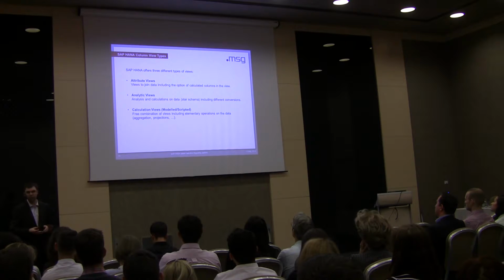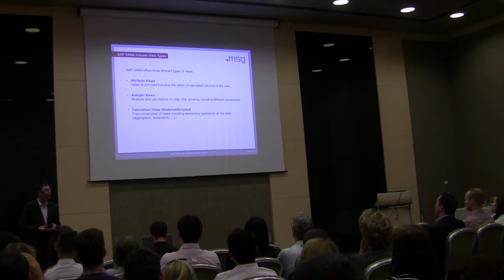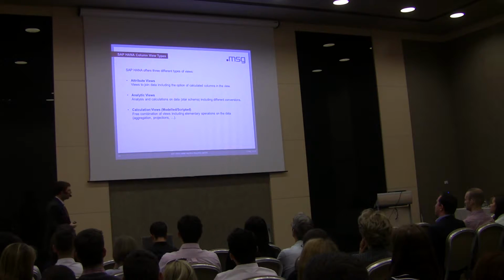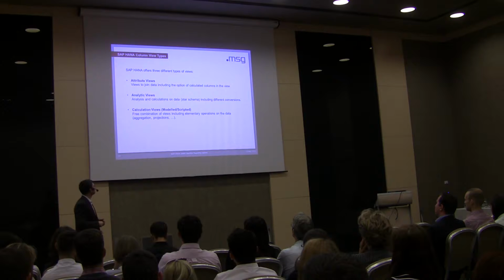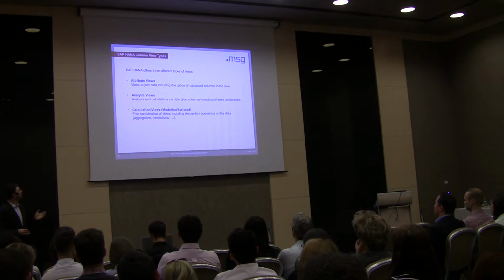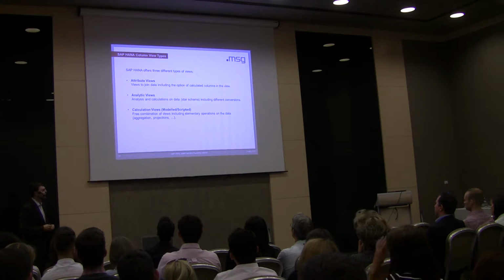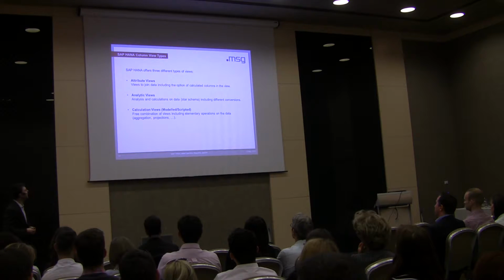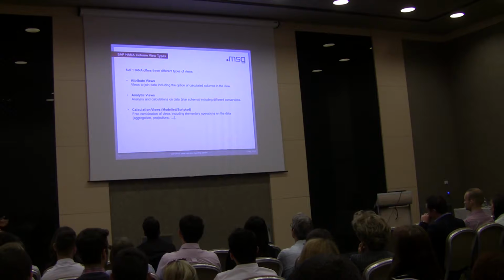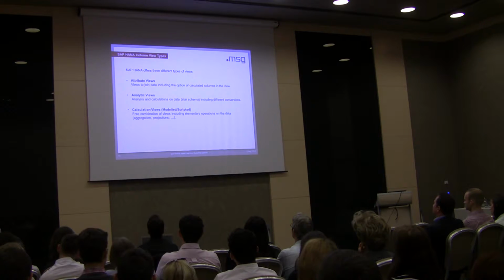It's also possible to calculate some columns in those views. Analytic views are the classic views for star schemas, for analysis on that kind of data, and the view type also supports conversions, like currency conversion, unit conversion, and so on.